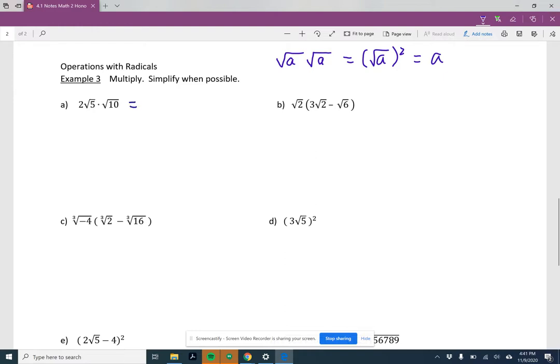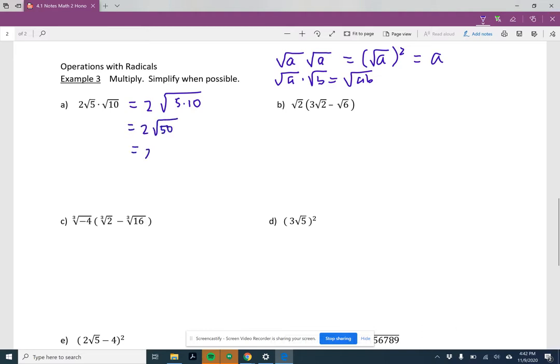Okay, 2 square roots of 5 times the square root of 10. That's going to be 2. Oh, I can make that the square root of 5 times 10 because we have a property that allows us to multiply those radicals. Remember, square root of a times the square root of b is the square root of ab. So we've got a 50 under there. So we've got 2 square roots of 50.